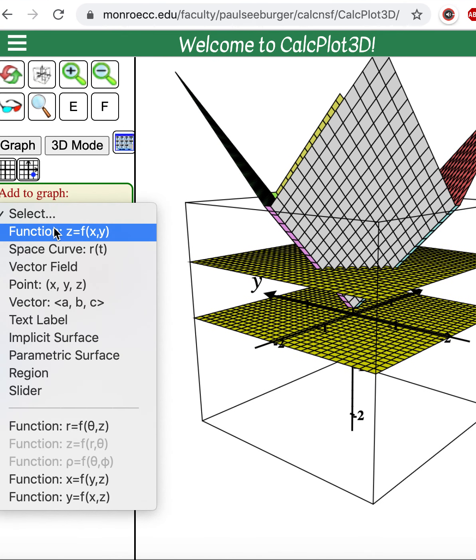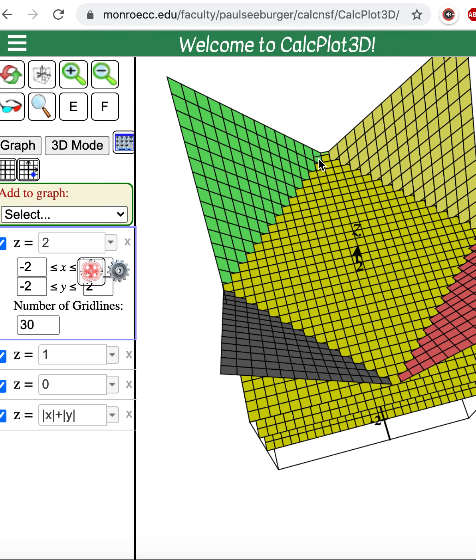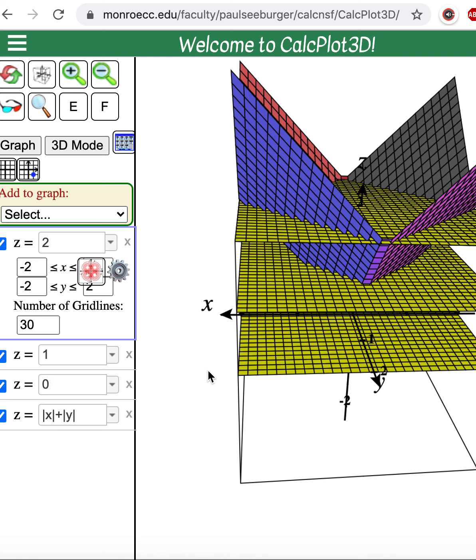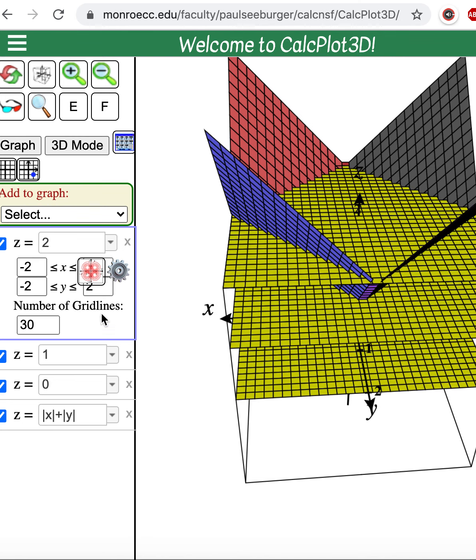And level curves will be the lines where the planes intersect with our surface. That's the idea. And as you can see, they're going to be sort of diamond shaped. Let's see how else we could draw the curves though.